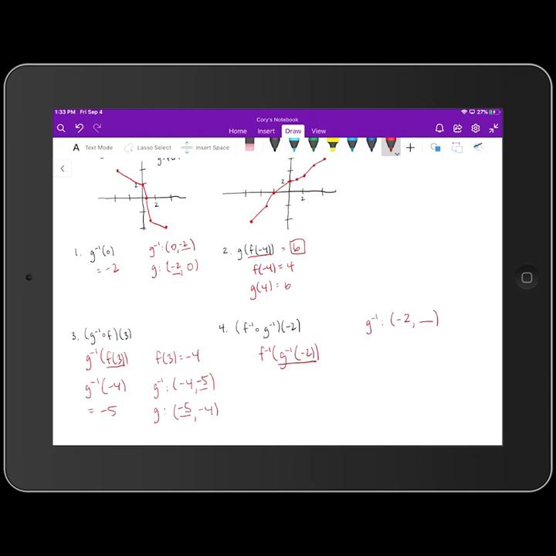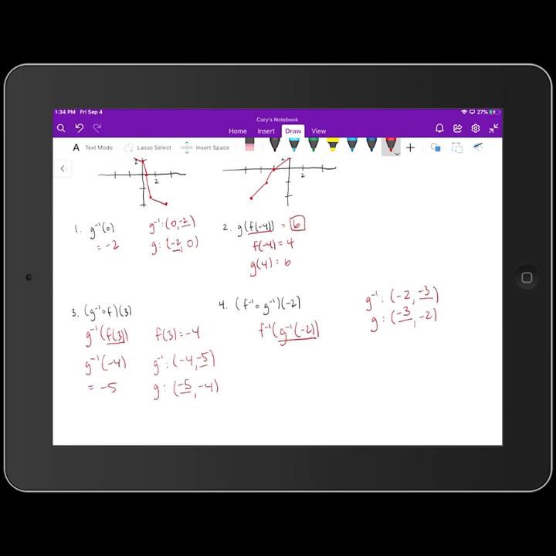We want to figure out what the output is. So I go to the graph of g. I'm looking for the x coordinate that gives me a y coordinate of -2. The y value is -2 when the x value is -3. So that makes g inverse of -2 equal to -3.